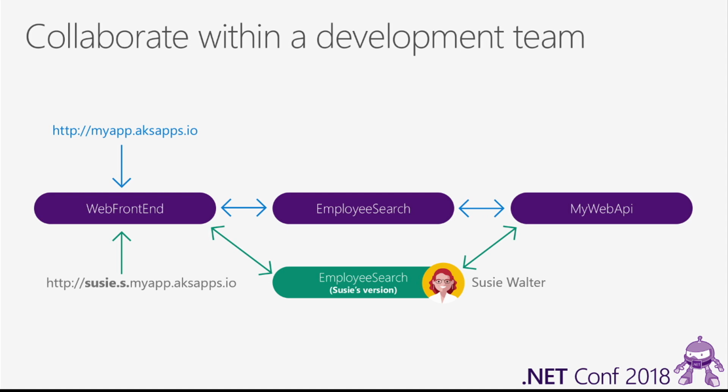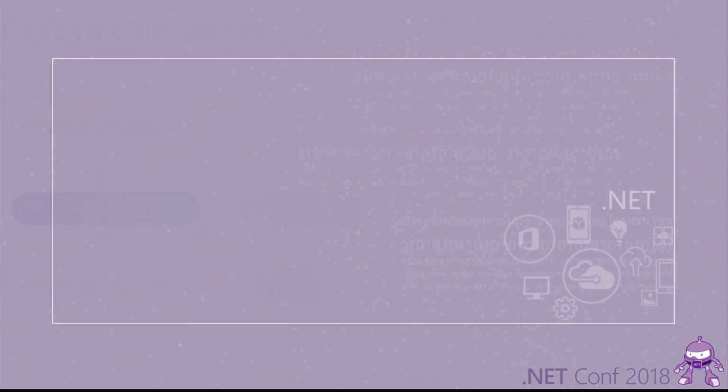It's just that when she comes in on her Susie endpoint, she will see my updated version of Web Front End. So this can really help with finding problems that might normally be caught further down the line in integration testing. It's very, very easy to get these services up and running in the team's cluster, and then you can start to uncover some of these problems. So I'm going to show a demo of this.